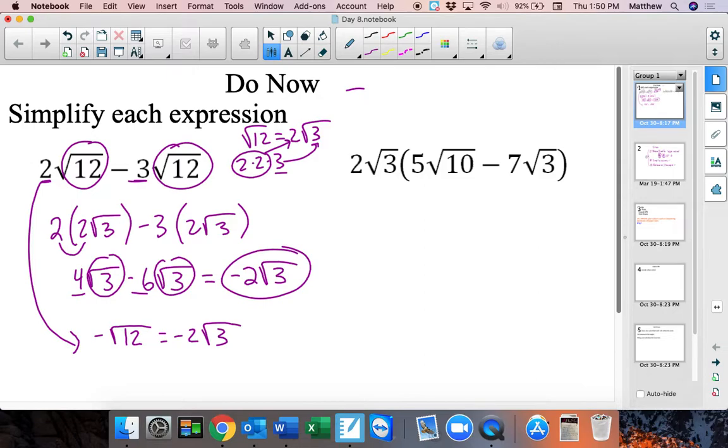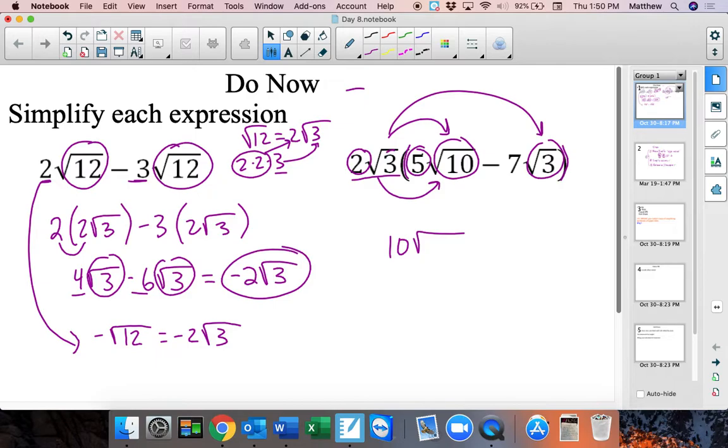At the second one, I notice that root 10 and root 3 are simplified. Okay, so I see an expression inside my parentheses, and I'm going to have to use the distribution property. Okay, so 2 root 3 times this term, if I think outside times outside, 2 times 5 gives me 10.